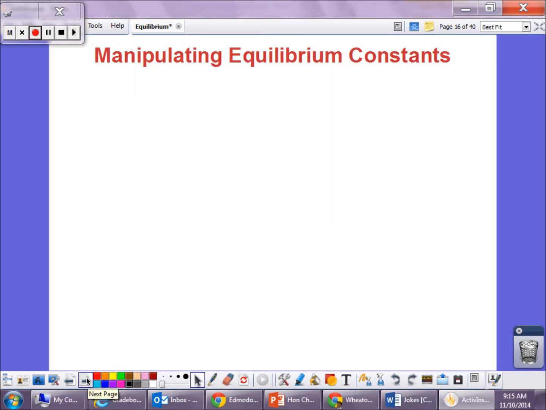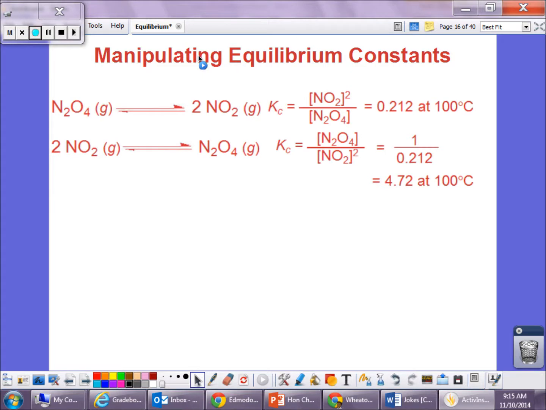Now, how can we manipulate the equilibrium constant? I need for you to listen carefully to this. This is the forward reaction. You have N2O4, equilibrium give you 2NO2. K equal the products NO2 squared over N2O4. Let's say, for example, K is 0.212. For the reverse reaction, now we have the products is the reactant. We reverse the reaction. K equal the products N2O4 over the reactants 2NO2.